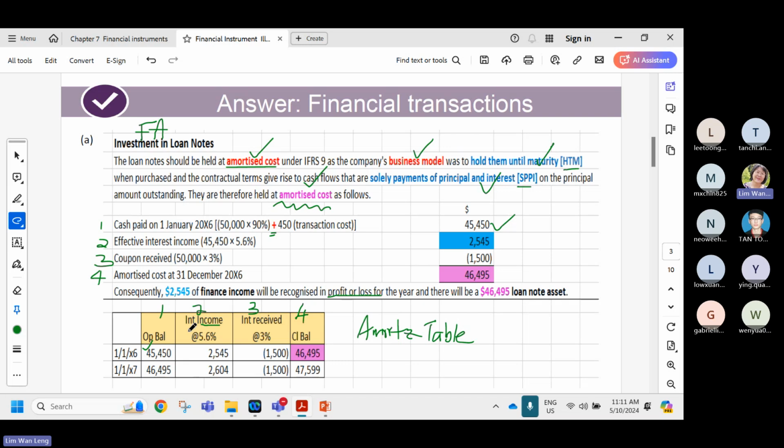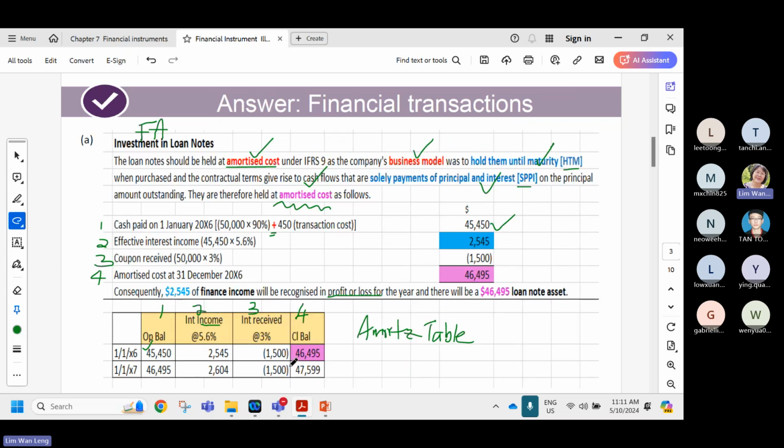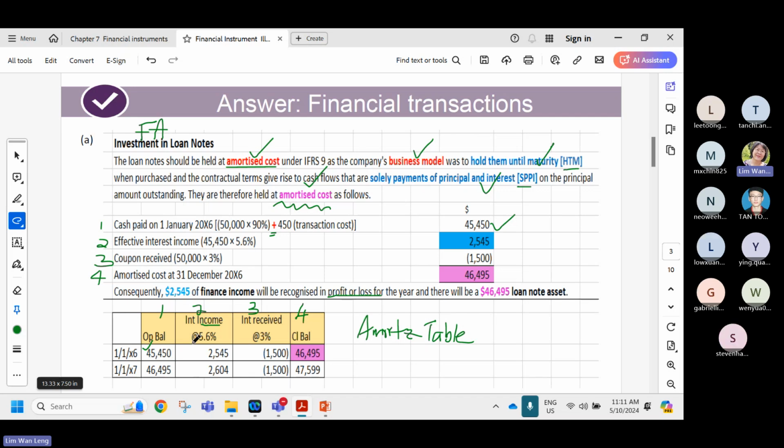So interest income will be based on the effective interest rate. As given by the question, effective interest rate is 5.6%. So once you take 45450 times by 5.6%, you're going to end up having 2545.